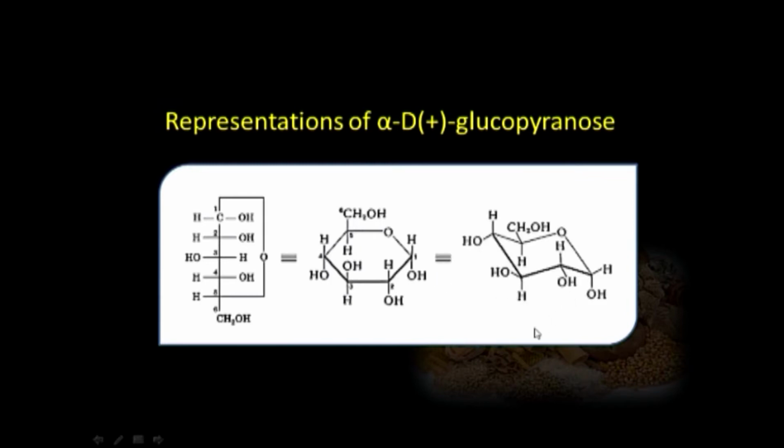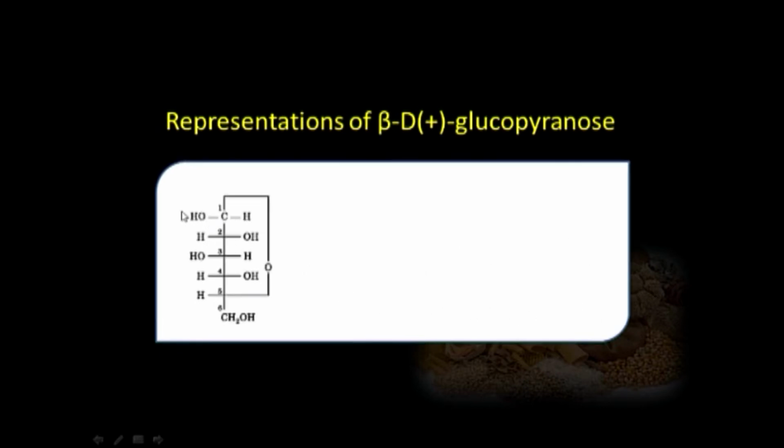And for drawing this chair conformation, we will keep oxygen in this corner. As in the Haworth projection, we have kept the oxygen here, the oxygen will be there, and then the carbon at carbon number 1 is going upward and so on. So, this hydroxyl group in the alpha anomer, which goes below the plane, occupies this axial position, and in the beta anomer this will be occupying the equatorial position.